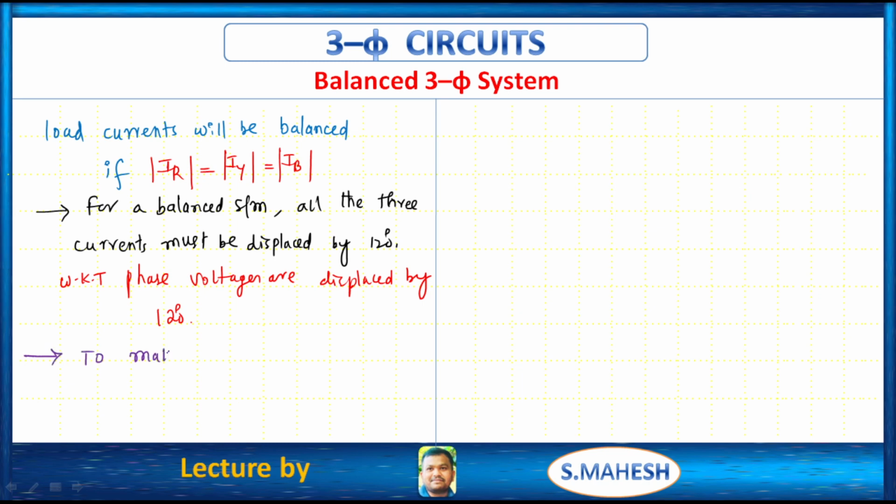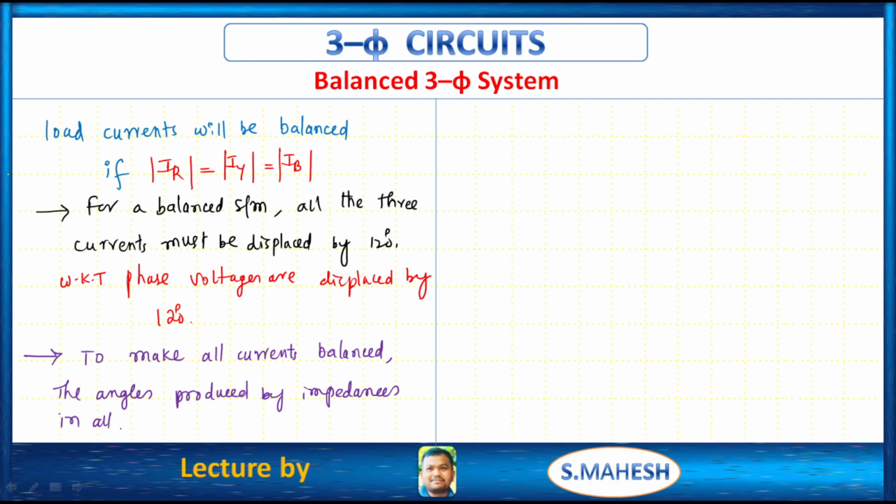To make all currents balanced, the angle produced by impedances in all phases must be equal.